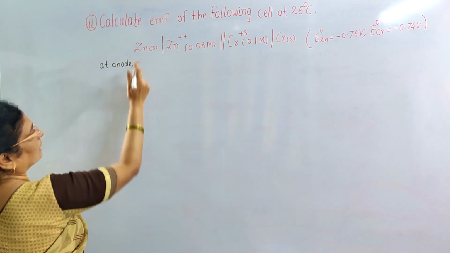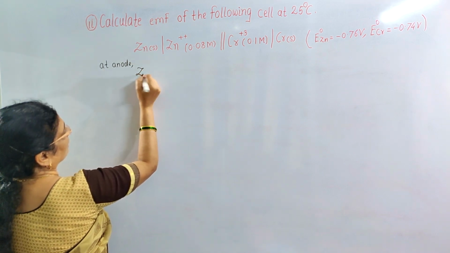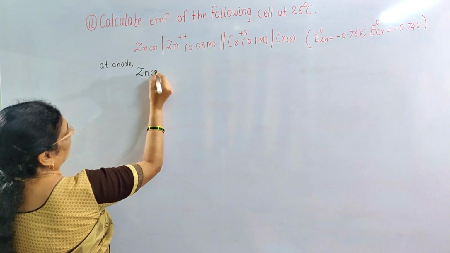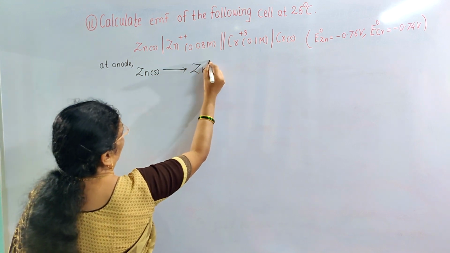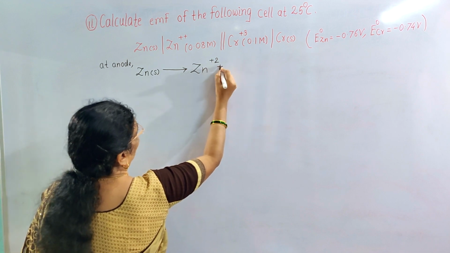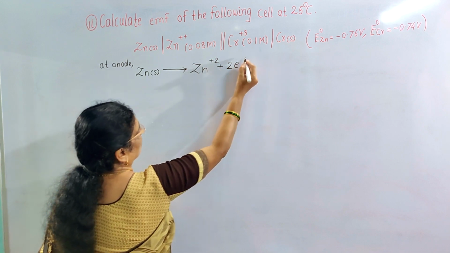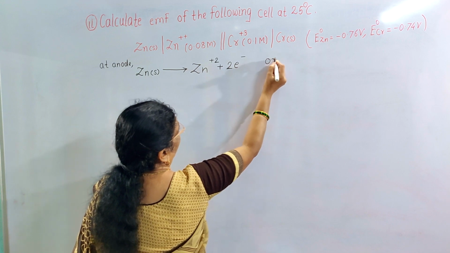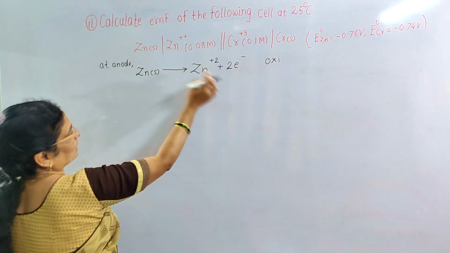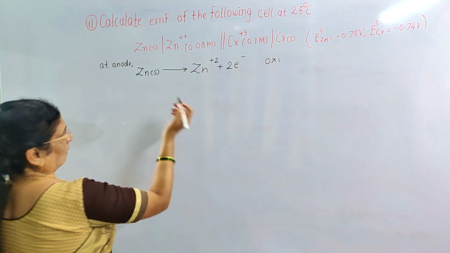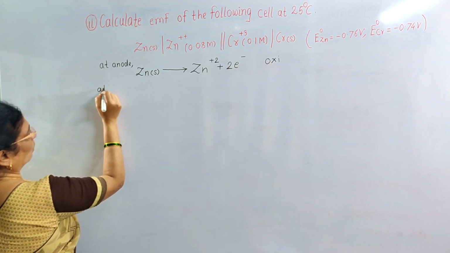Now at the anode there is an oxidation reaction. Zn atoms, by losing electrons, are converted into Zn plus 2 ions. So here 2 electrons are lost. This is the oxidation reaction. Directly you can determine that Zn plus 2 means 2 electrons are lost. Which reaction takes place at the cathode?